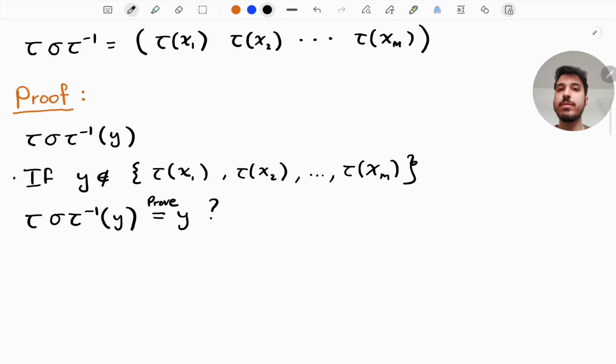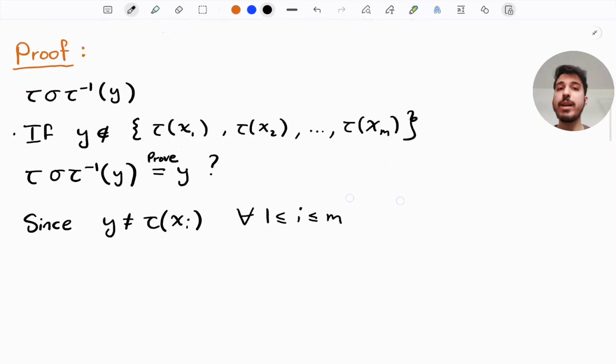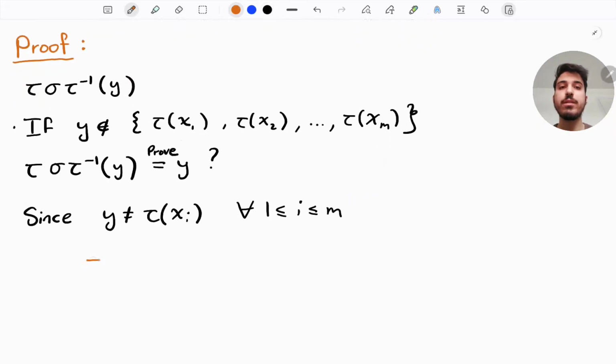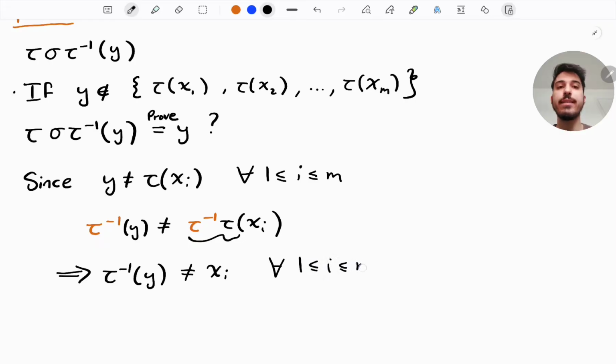How do we prove it? Since y is not equal to tau of xi for all i between 1 and m, if we apply tau inverse on both sides, we have that tau inverse of y is not equal to tau inverse of tau of xi, and tau inverse of tau is just the identity, so tau inverse of y is not equal to xi for all i between 1 and m.